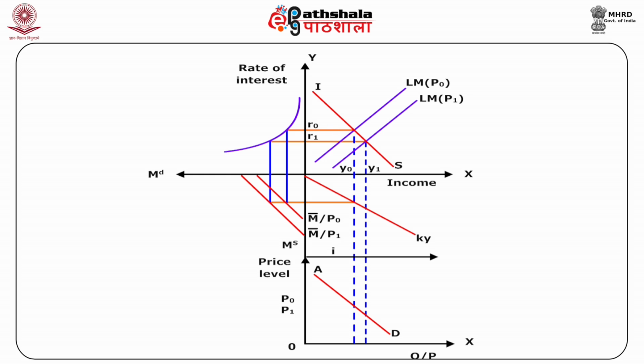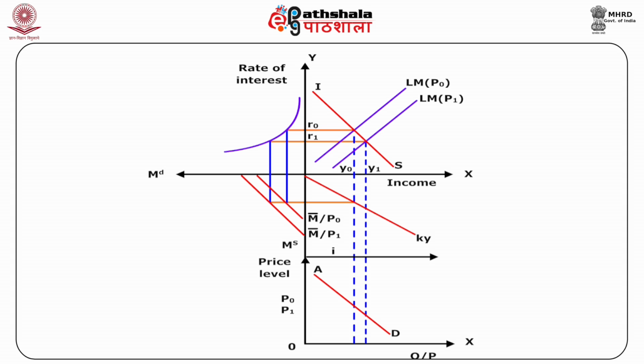On the y axis we have the rate of interest, and on the x axis we have real output. As you would see, there is an original LM function, based on P0, the existing price level, given in brackets as LM(P0).